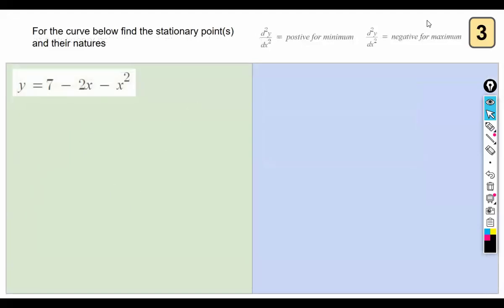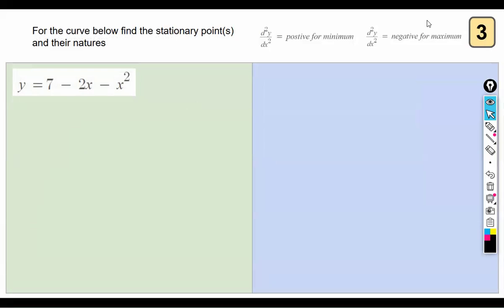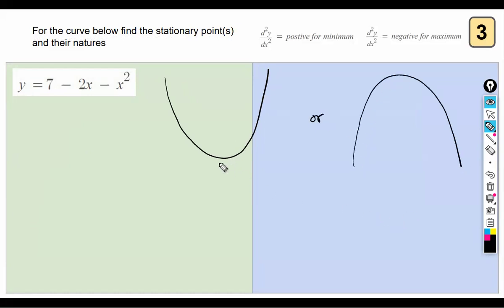All right. For the curve, find the stationary points. Anybody recognize that equation? Isn't that a quadratic equation? A quadratic could either be shaped like this from maths class, or like this. If it's shaped like this, then it's a minimum.